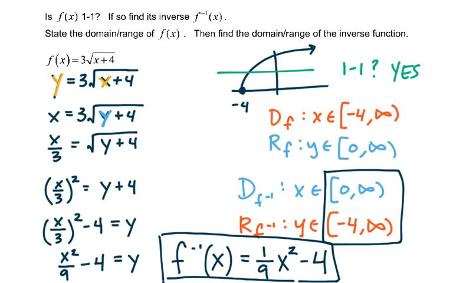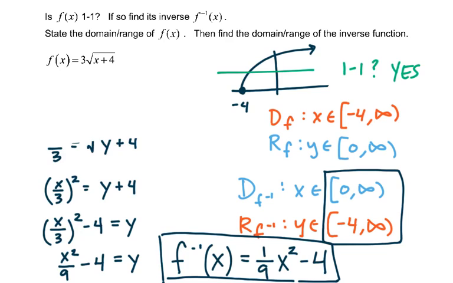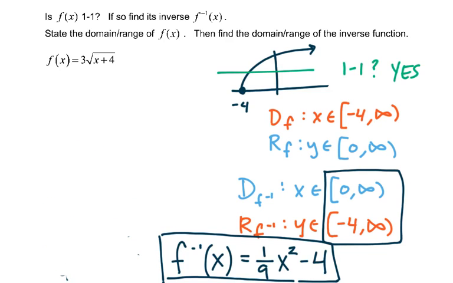And we know the domain and range of this. So let's talk about this for a second. My inverse function that I've written in the box, that is quadratic, and the shape of quadratic functions is a parabola. That's a quadratic function.